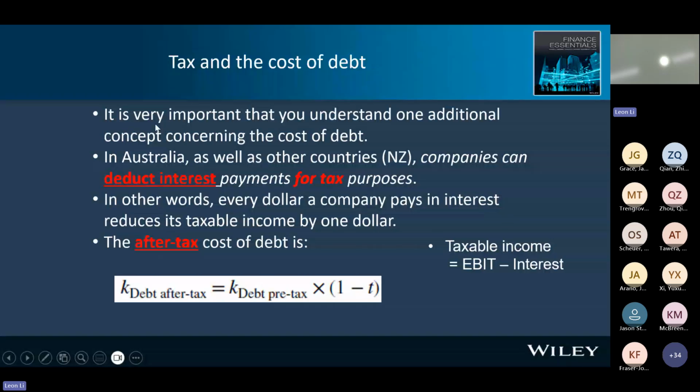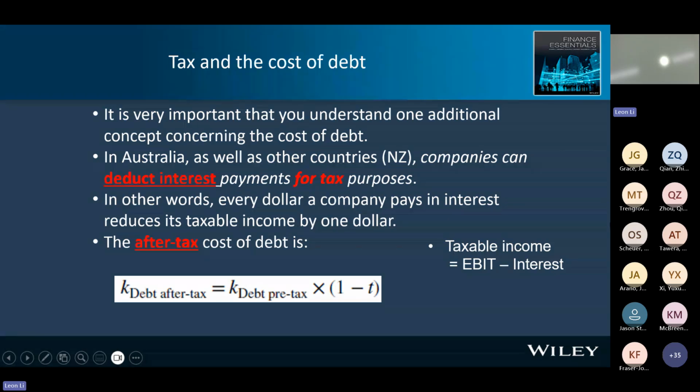So it's very important that you understand one additional concept concerning the cost of debt. So in Australia, including New Zealand, a company can deduct interest payments for tax purposes. All right. So in other words, every dollar a company pays in interest reduces its taxable income by $1.